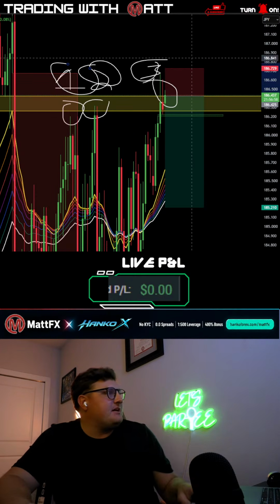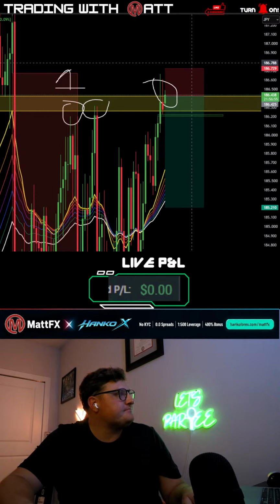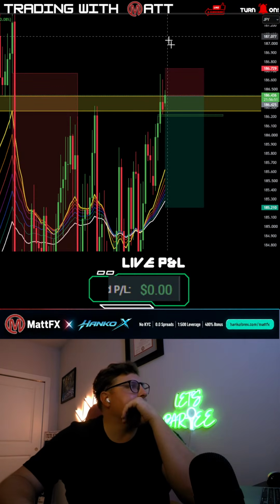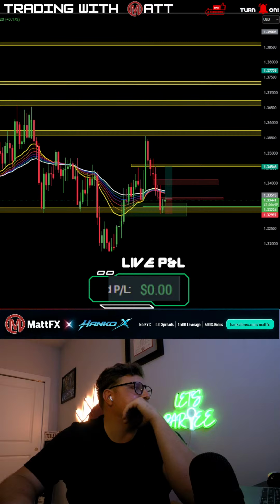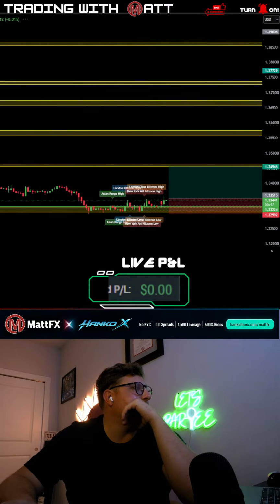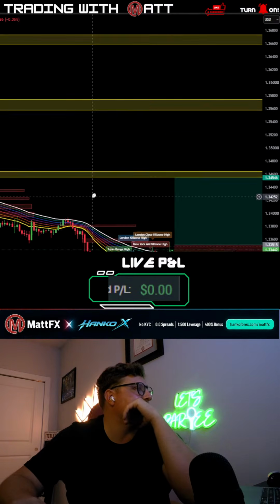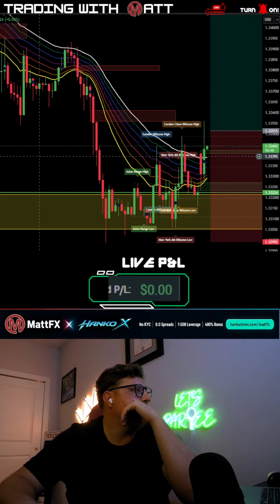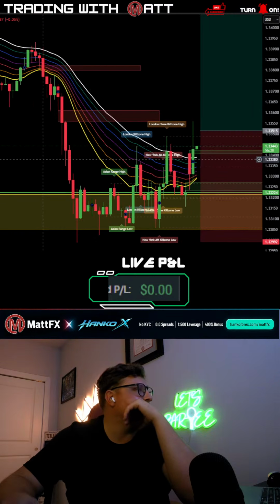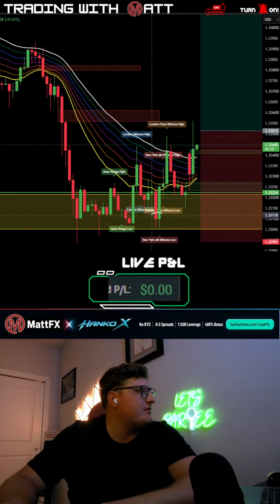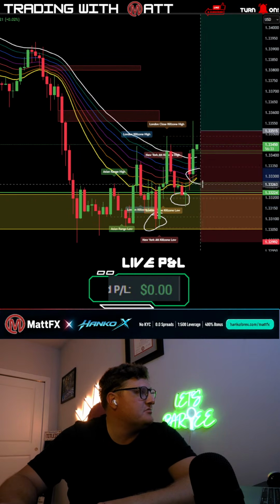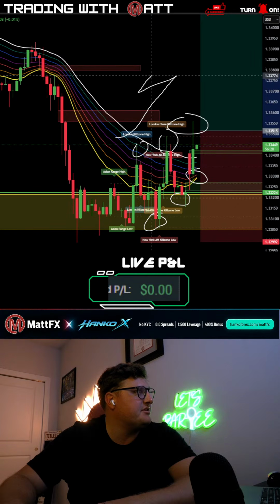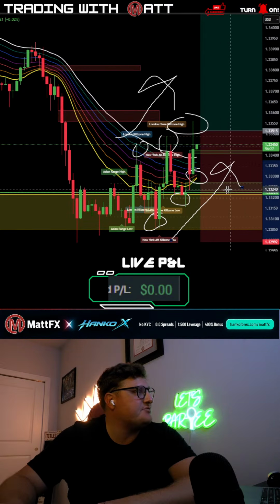So we're going to wait to see what happens here, though. We're getting in one of these, and GBP USD on the hour chart here actually looks like it might retrace. It might come back up. You've got your higher highs and your higher lows, 1, 2, 3, all signaling an uptrend.